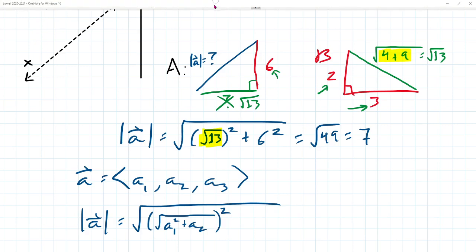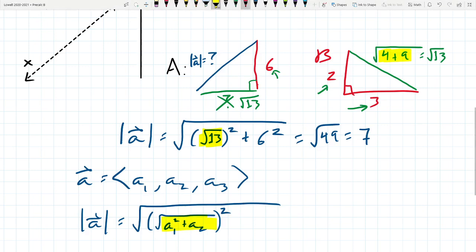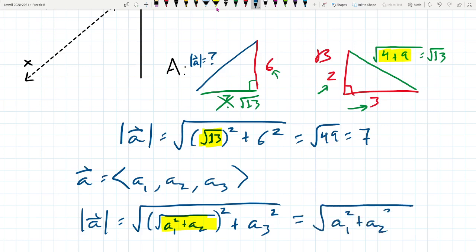So again, all of that is just this. And in the last part, the z component, or a3 squared. And then if I actually square that, I'll end up with just this: a1 squared plus a2 squared plus a3 squared, which is pretty neat.